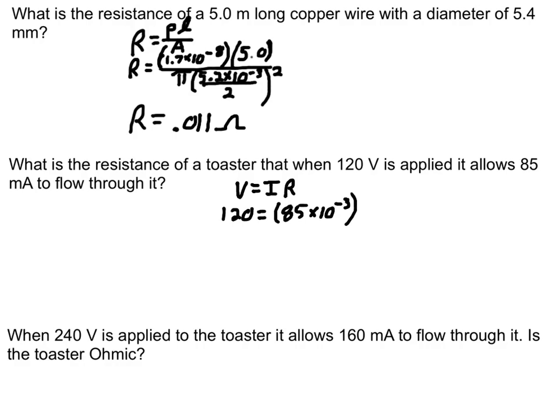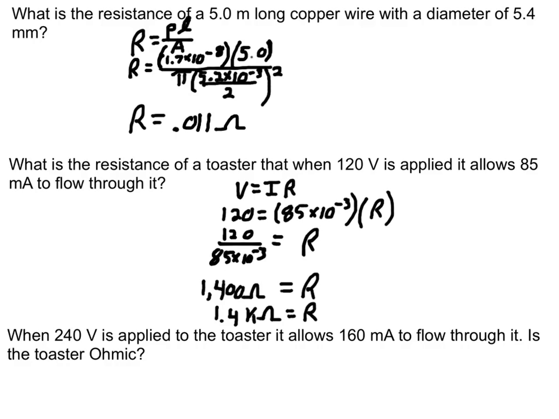And I'm just going to go ahead and put that in there and let my calculator take care of the scientific notation, times R, what I'm looking for. And so now R is just going to equal 120 divided by 85 times 10 to the negative 3, and you shove that in. I come out with 1,400 ohms. If I was to translate that into kilo ohms, that would be 1.4 kilo ohms here.